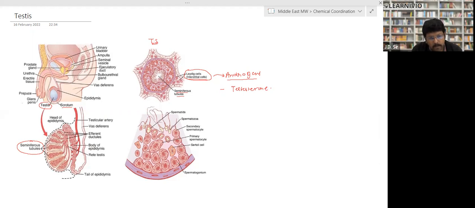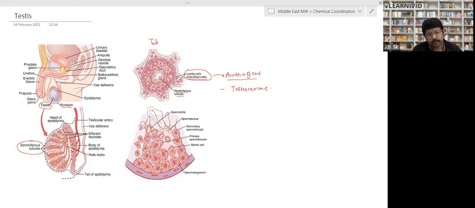Interstitial cells or Leydig cells of seminiferous tubules secrete various male sex hormones called androgens.